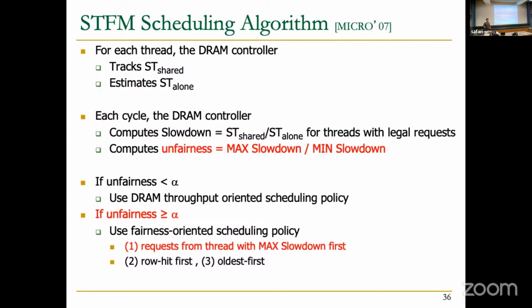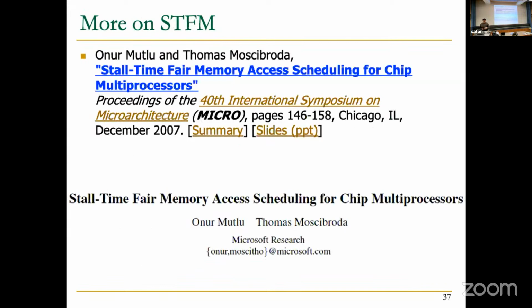And then you can deduce the slowdown that thread encounters running shared in the system. Once you have that, you're trying to equalize the slowdowns of each of the threads by dynamically assigning priorities to the threads' memory requests. And that allowed us to increase fairness. So we got the slowdowns of each thread closer to each other using STFM.